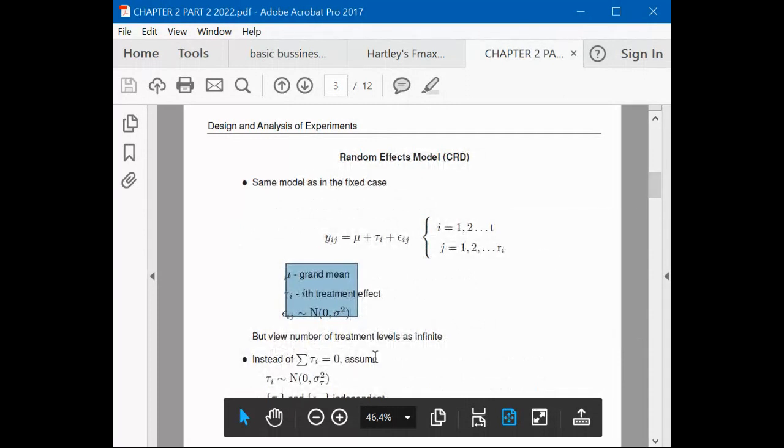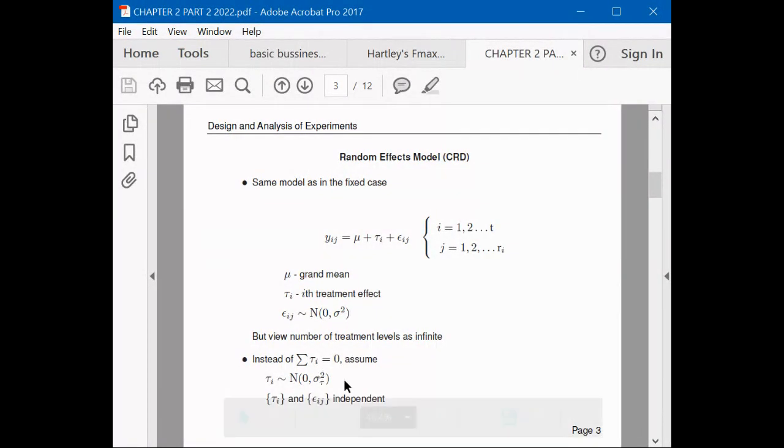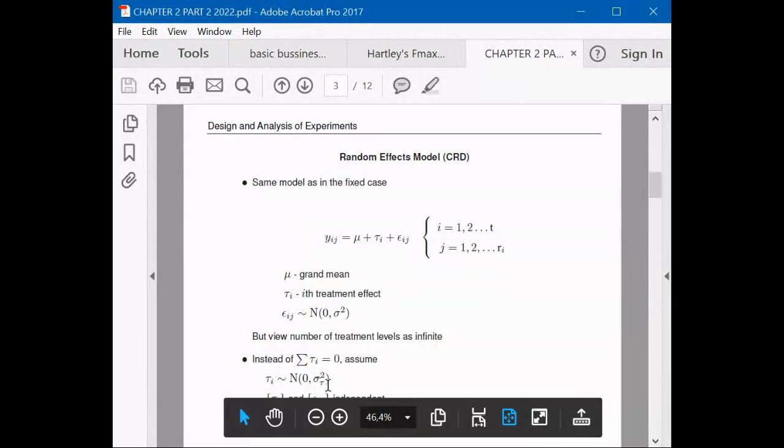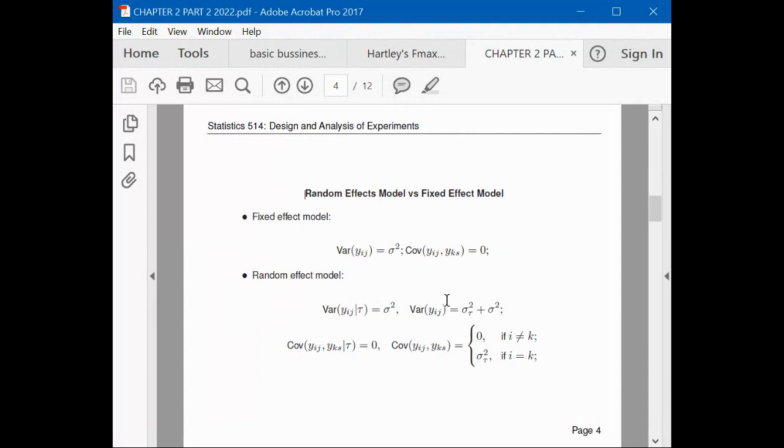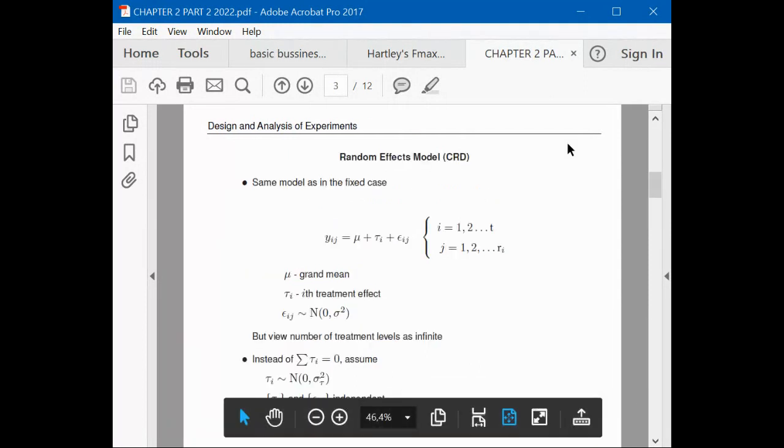But instead of assuming that the summation of tau i's is equal to 0, you will say tau i is normally distributed around the mean of 0 and what? It's no longer sigma squared. It's sigma squared with a subscript tau there, to show that now you are moving to the random effect models.